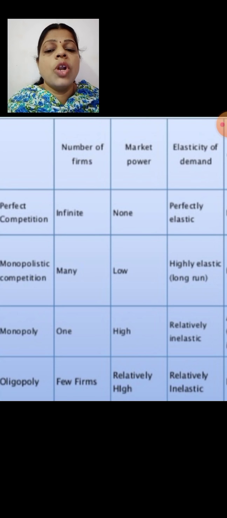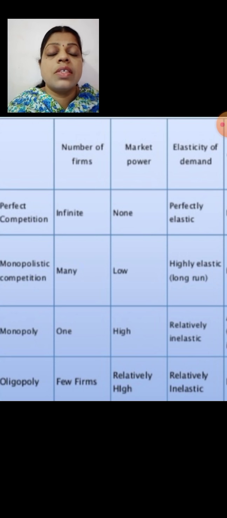Then, what about the market power of the sellers, of the firms? That is also none. Why? I told you that as there are a large number of buyers and sellers, nobody can influence the market price.